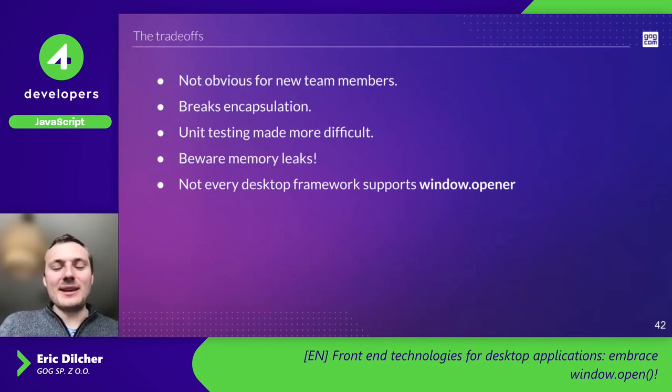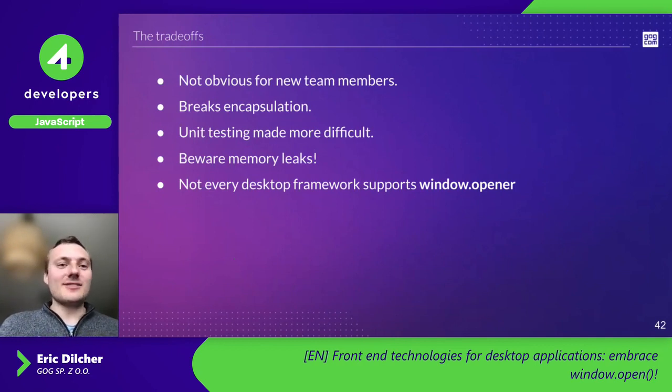One other thing that maybe some of you have already thought about is that this makes unit testing difficult. All of your code, or at least the code in the child window that uses global state from the main window, is trying to access the main window using window.opener. Test environments are usually a Chromium browser, or maybe headless Chrome to run it without popping up in front of your eyes.